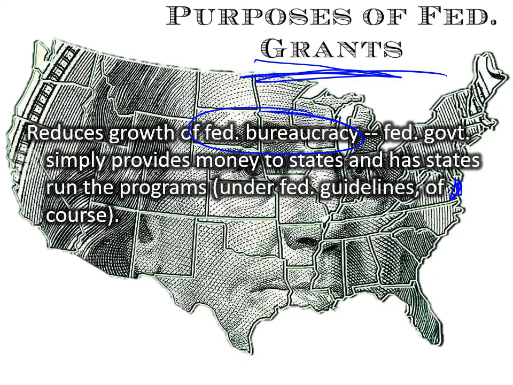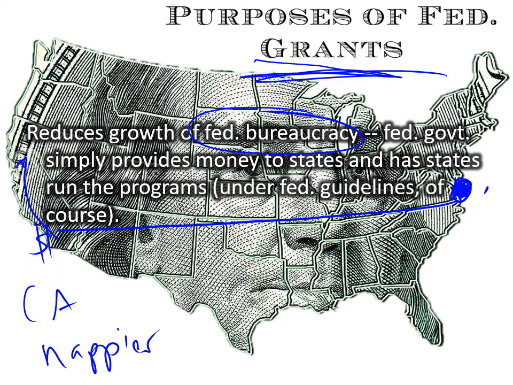So Washington, D.C. is over here in the country, and if you're sending money over to California, I guess it would go up to Sacramento, it's going to reduce the size of Washington, D.C. and the bureaucracy so that instead of spending that money over here, you can spend it in California, have Californians deal with it. That way California is happier, because we're getting money directly and the size of the federal government is shrinking.